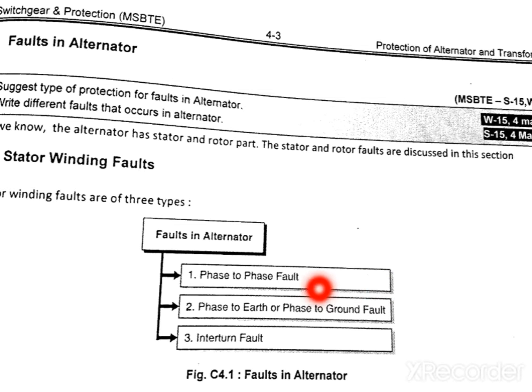The phase-to-earth fault may result in a phase-to-phase fault. The phase-to-phase fault may take place due to the overhang portion of the winding, and in interturn faults, the turns are shorted. This will create a difference in the CT secondary current, and this results in current flowing through the relay circuit and gives the trip signal to the circuit breaker.